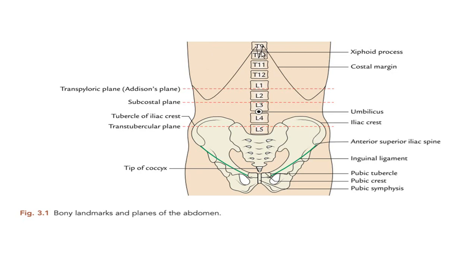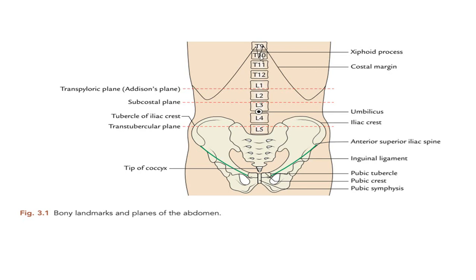And another landmark of the anterior abdominal wall is the xiphoid process. It lies at the apex of the subcostal angle, and its apex is sometimes directed forward and easily palpable beneath the skin.